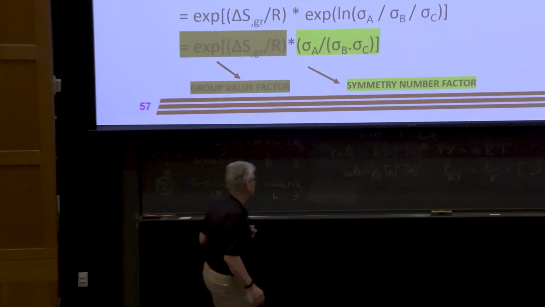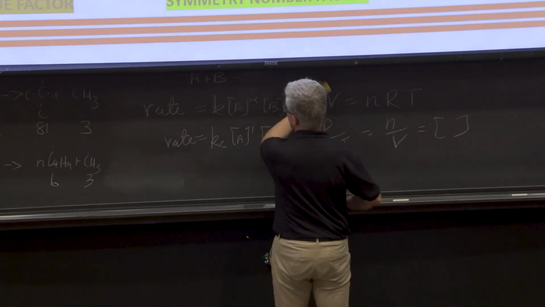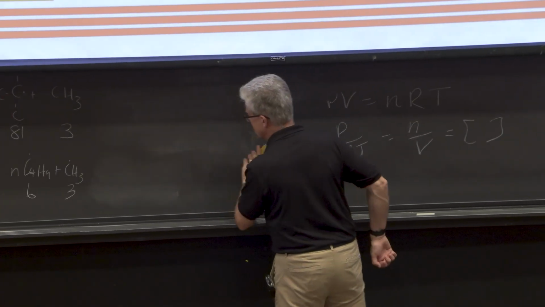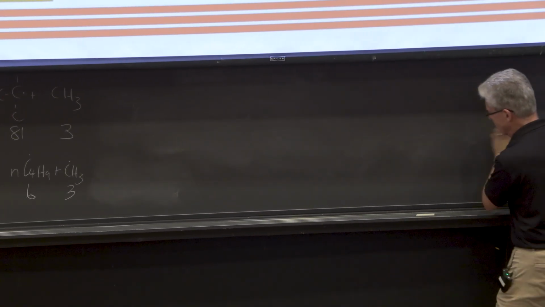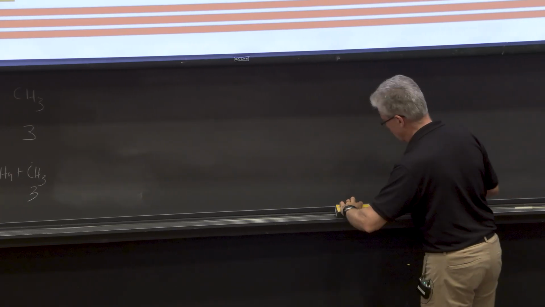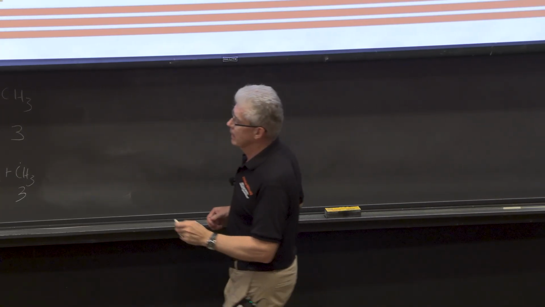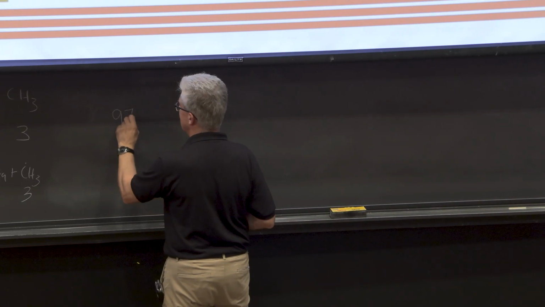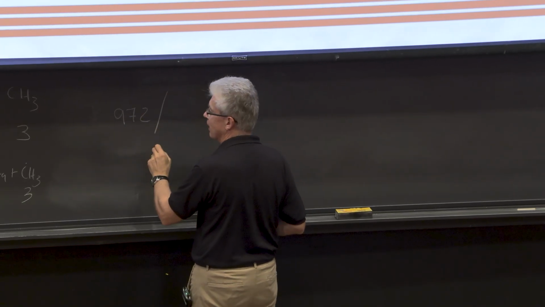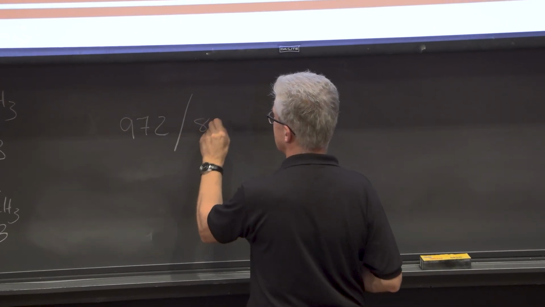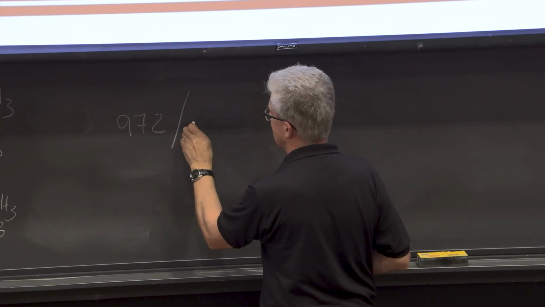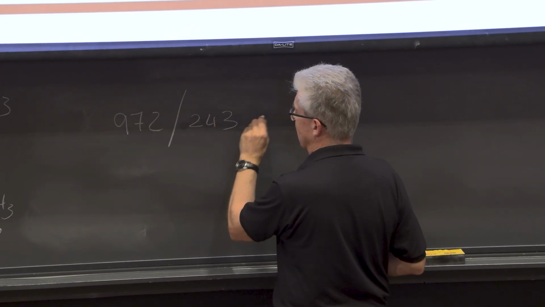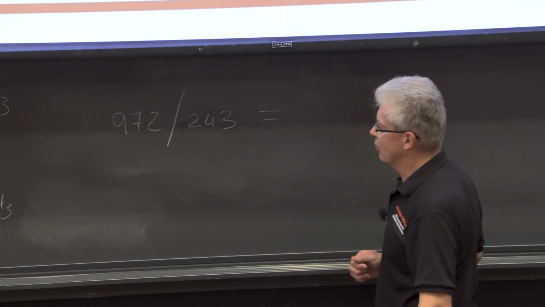I'm just going to rub this out, if you don't mind. And what do we get? We're going to get 972 divided by 81 times 3. So that's 243. And what's 972 divided by 243?